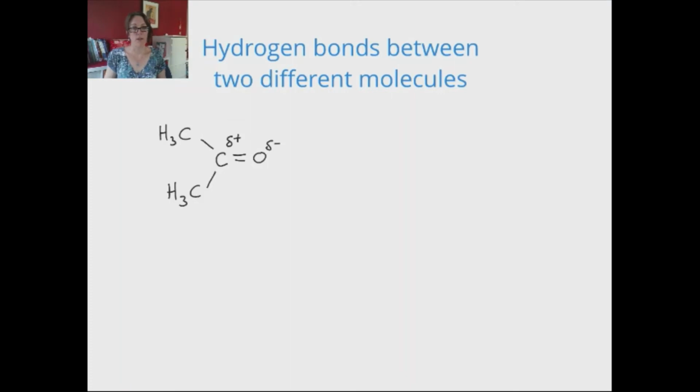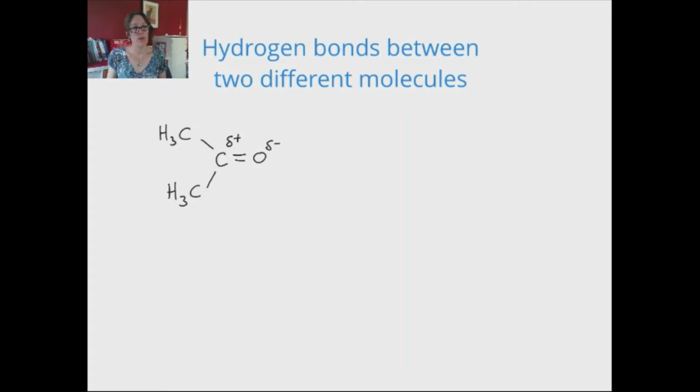It does contain oxygen, but as you can see there, the oxygen is double bonded to the carbon and there's no hydrogen attached. So there isn't a hydrogen on that molecule that is having its electrons withdrawn from it. So propanone itself only has permanent dipoles. It has a very low boiling point, around about 40 degrees or something. Don't quote me on that, but it's low. So it's definitely not like water.